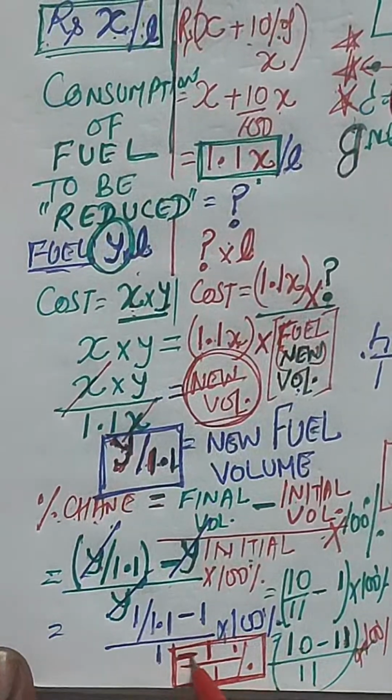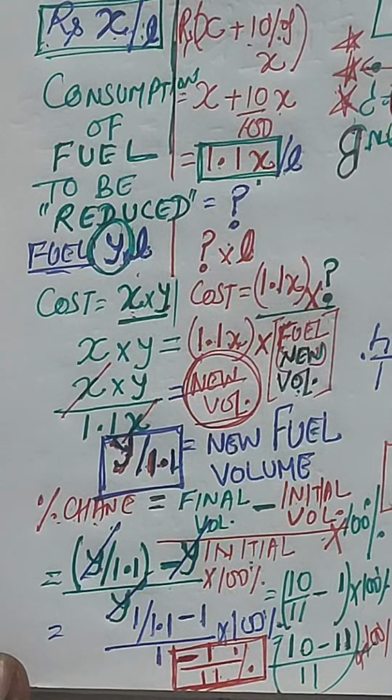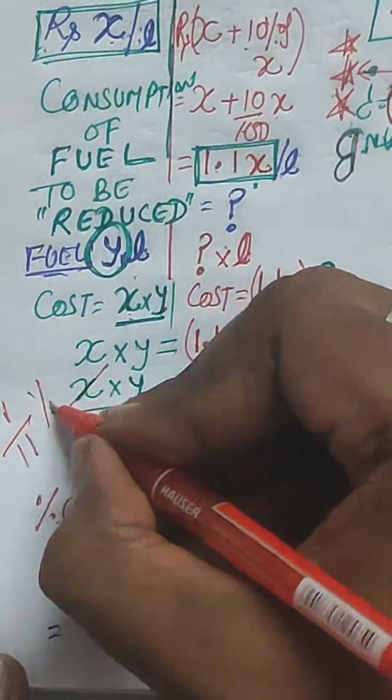This minus shows reduction. So your fuel consumption needs to be reduced by 1 by 11% to just meet your expenses. So our answer is 1 by 11%.